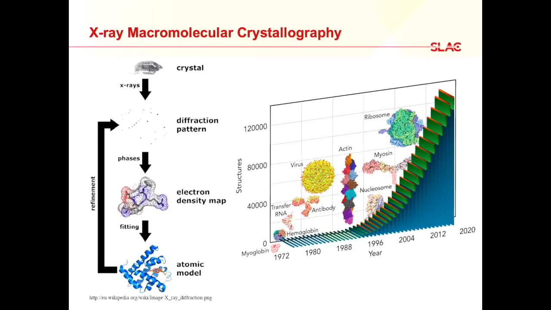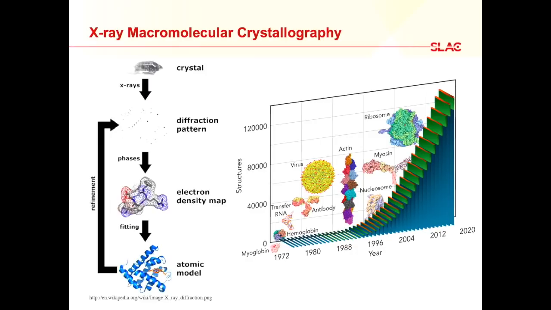And from that, we can try to fit a model, an atomic model, where we know that this pattern looks like a certain pattern that we know exists in proteins or such molecules. And then we can build a model that best represents this structure. So that's what we try to do. And what is shown again on this plot here is the explosion of this technique of macromolecular crystallography.